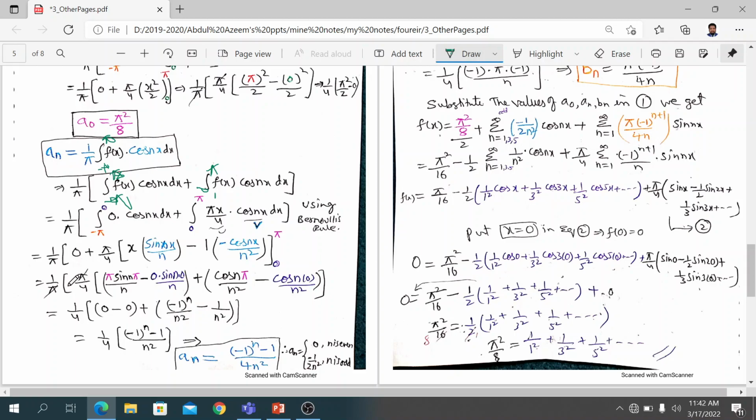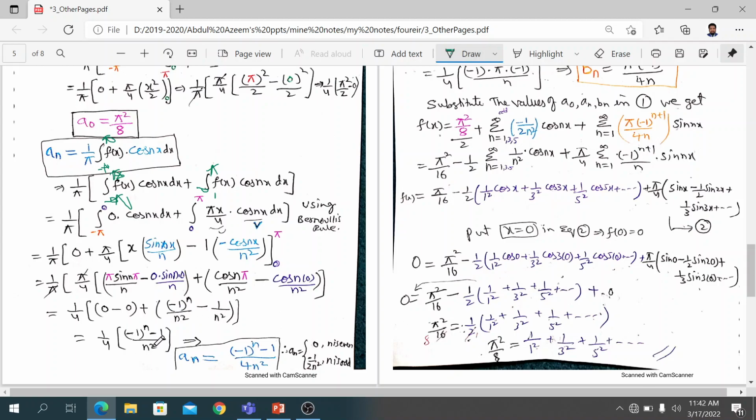The pi cancels, 1 by 4. Sin n pi value is 0, and 0 into something by n is 0. Plus, we know cos n pi value is minus 1 power of n by n square, minus cos 0, whose value is 1, by n square. So the final answer is 1 by 4 into minus 1 power of n minus 1 by n square.